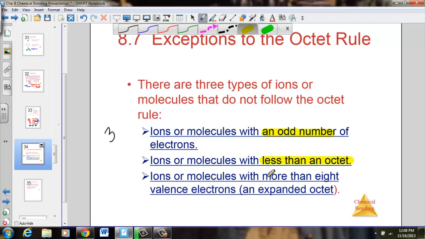And then we'll take a look at a third scenario where we have more than 8 electrons around the central atom, and that's called an expanded octet, where I can put in more than 4 attachments around the central atom. So odd number, sometimes we have fewer than 8, sometimes we have more than 8 electrons around the central atom in an ion or molecule. Let's consider each one of these one at a time and provide some examples.